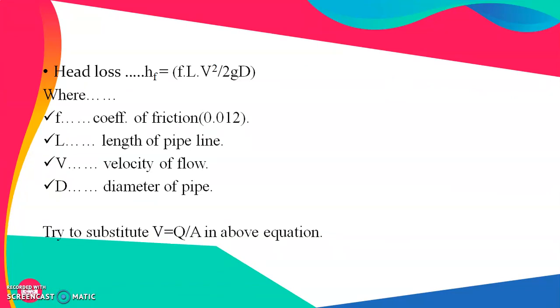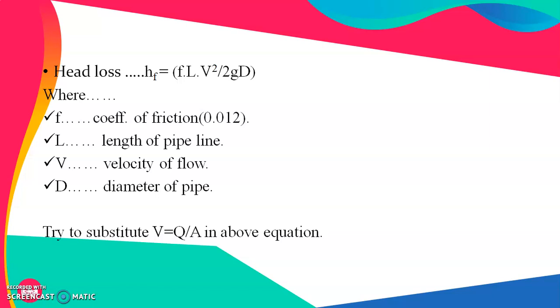So now we will try to understand this by going through the concept of head loss. As we are aware, head loss equals f L V squared upon 2 g D is an equation used to calculate the head loss due to friction, and we are neglecting all other minor head losses.